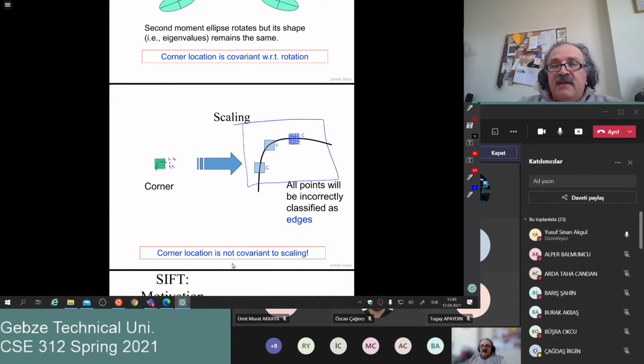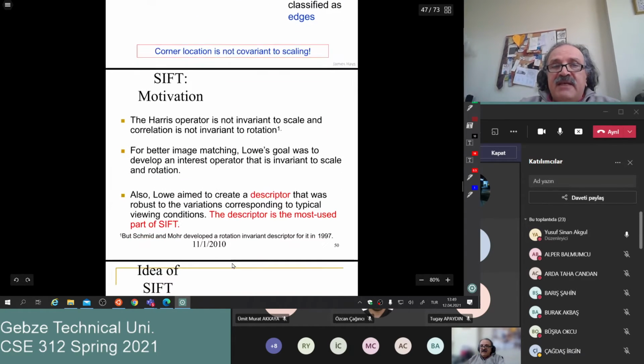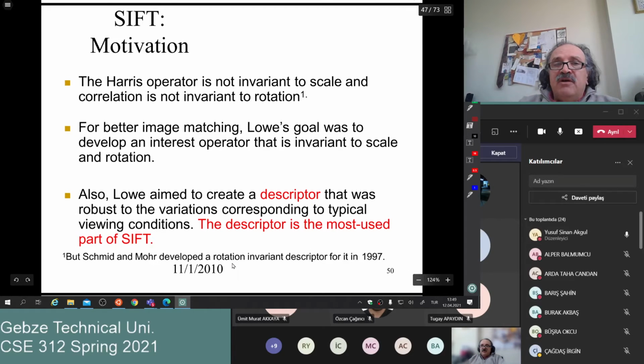With SIFT, we say that the Harris operator is not invariant to scale, and correlation, remember, correlation is not invariant to rotation.